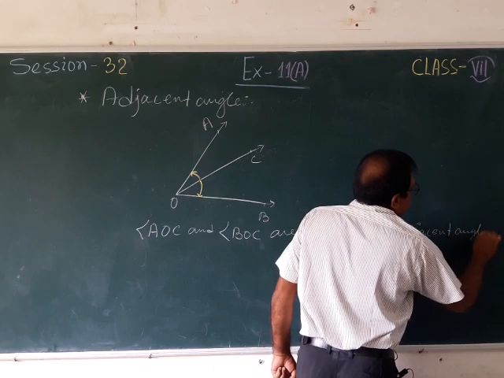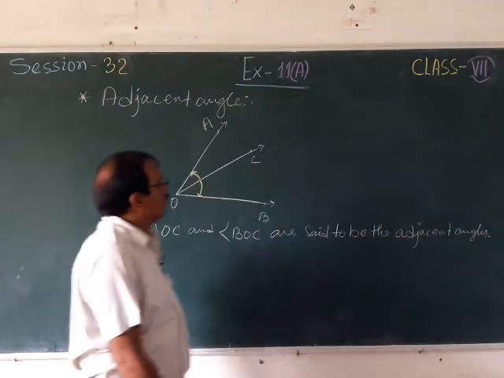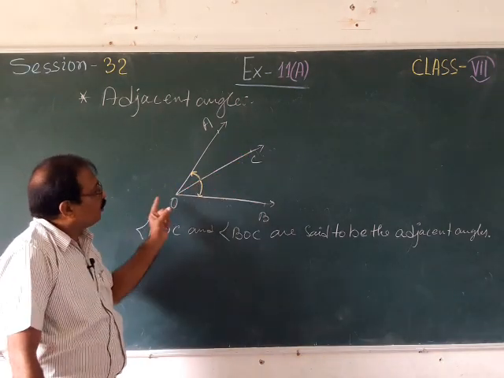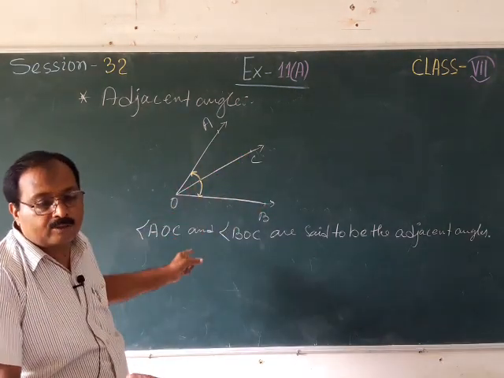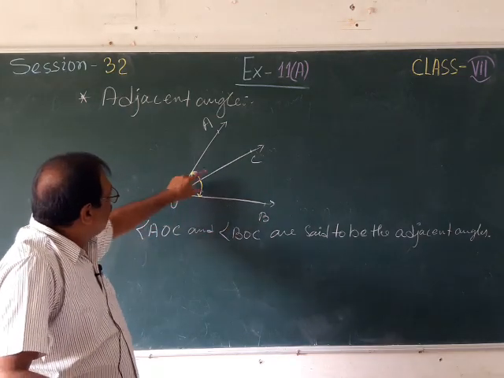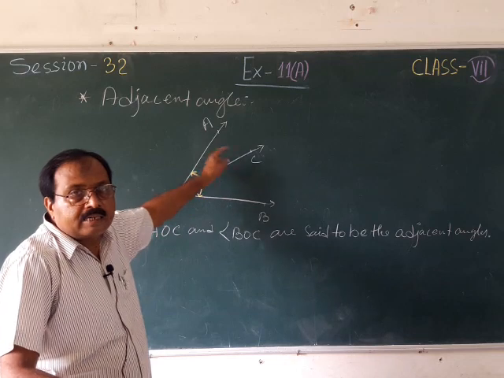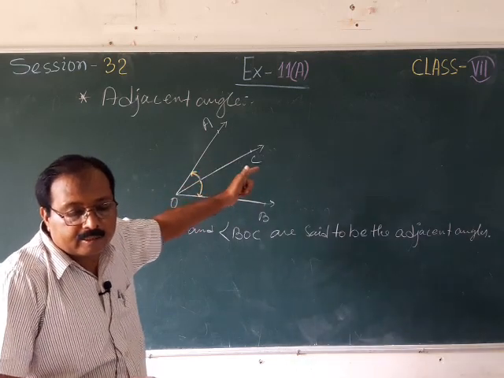Why are these angles adjacent? Because here side OC is common, and the two sides are in different directions from each other.